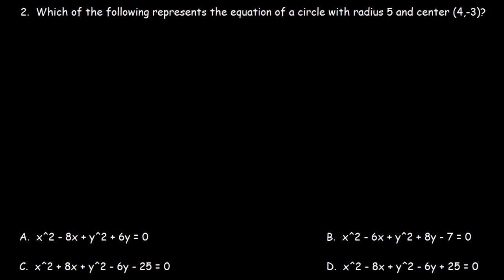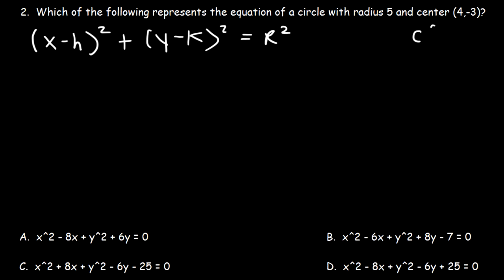Number 2. Which of the following represents the equation of a circle with radius 5 and center 4, negative 3? So first, let's begin by writing the standard equation of a circle. x minus h squared plus y minus k squared is equal to r squared. So we have the center, which is h, k.